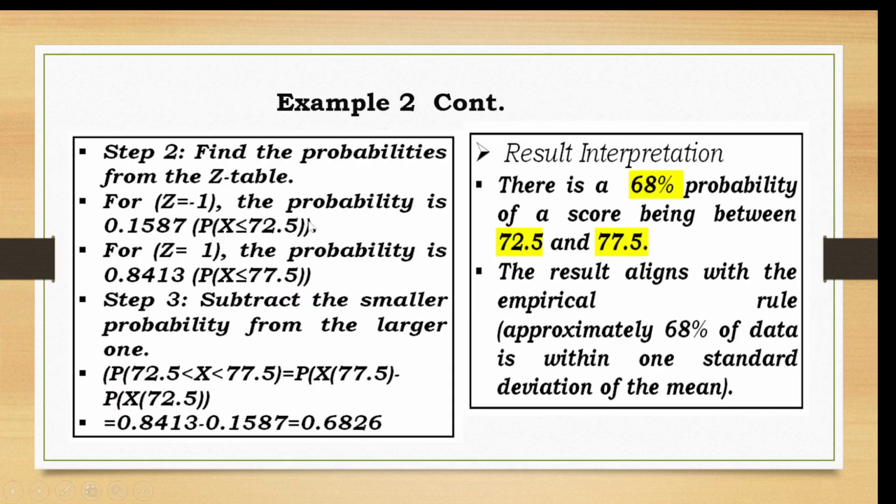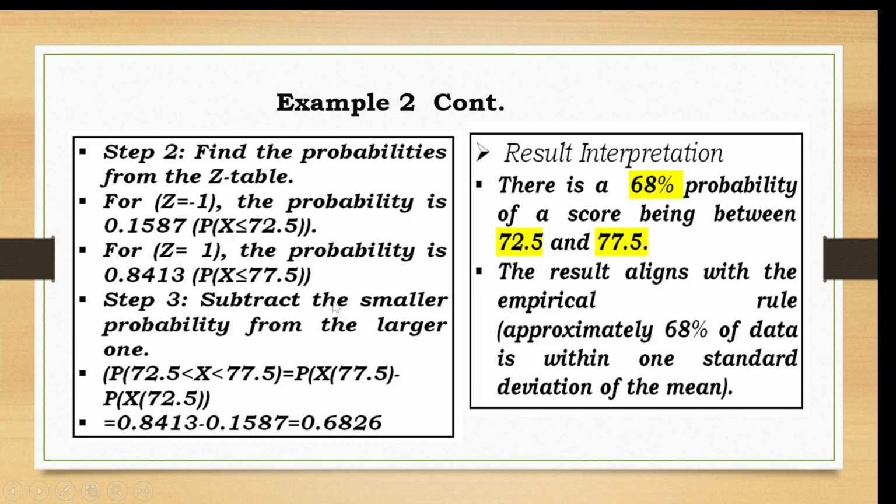Now, you go to the table to find the probability for the z-score of minus 1, which is the area under z-score minus 1, and this probability in the table is 0.1587, which is the probability of getting a mark which is equal or less than 72.5. For z equal to 1, the probability from the table is 0.8413, which is the probability of getting a score which is less than or equal to 77.5.